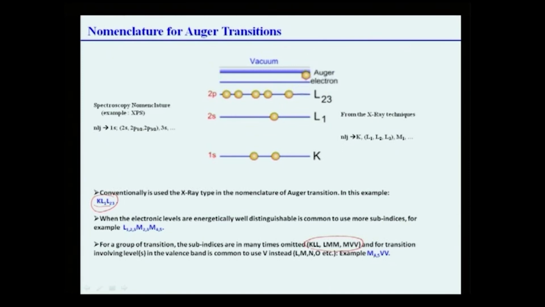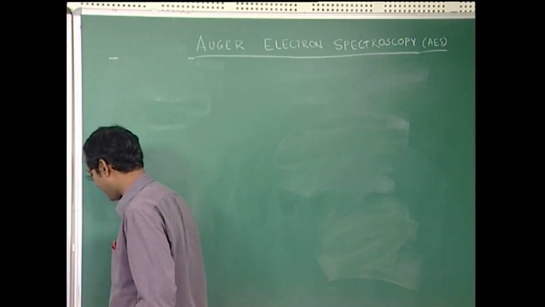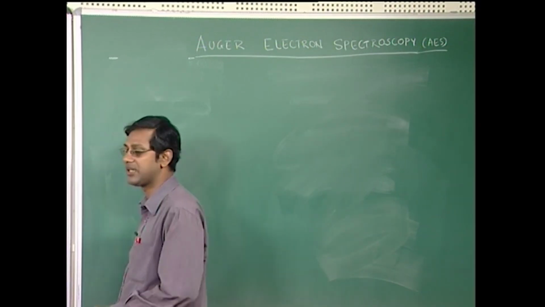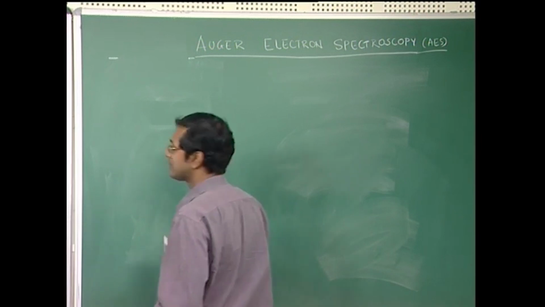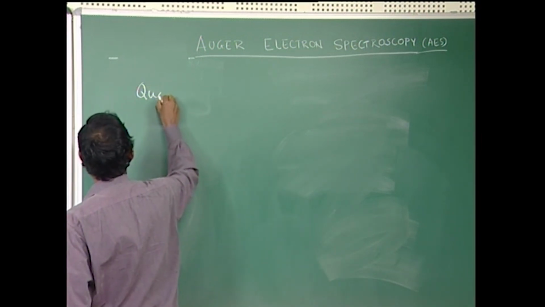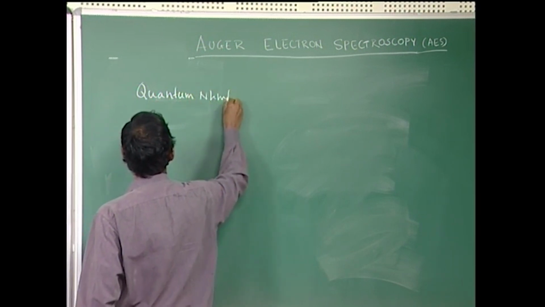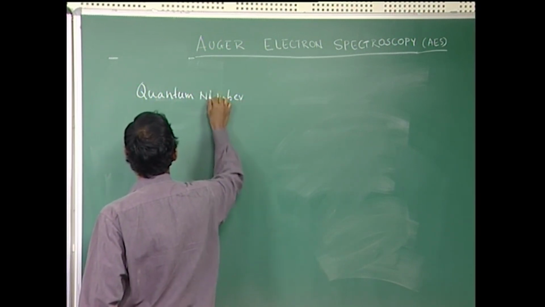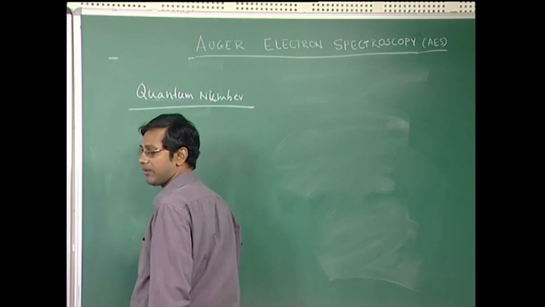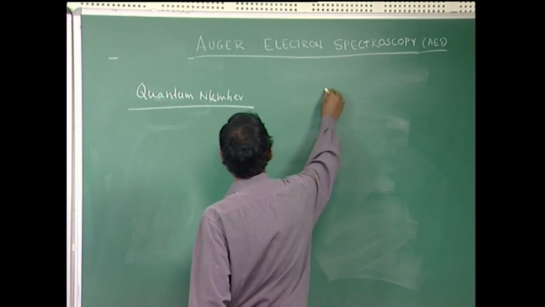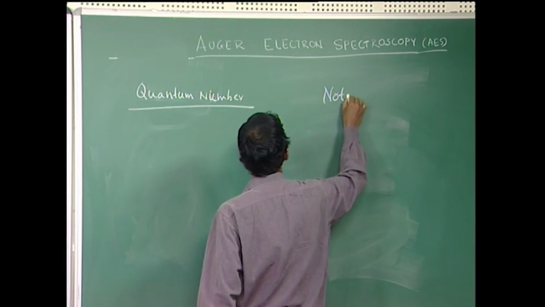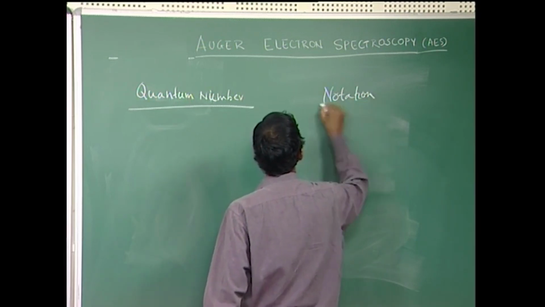Let me discuss in detail with a table so that you do not forget. The basic nomenclature used in XPS can be written like this. Suppose this is the quantum number, and this is the notation.